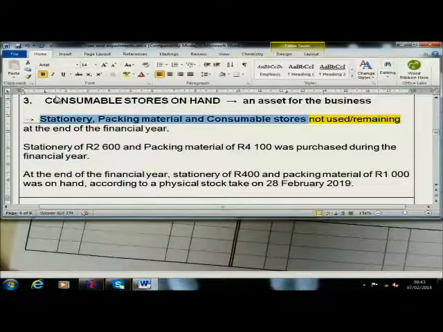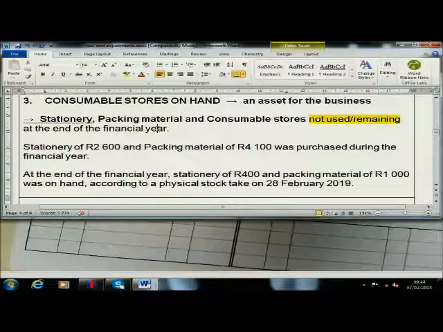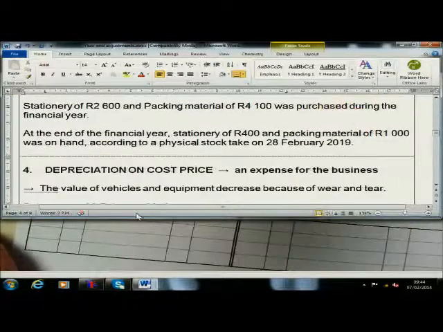That means that you bought a lot of boxes and bubble wrap and all these things and you didn't use them. So you can count them. And the moment that you can count them, it means that you didn't use them. That's why you've got them remaining, and that is your consumable stores on hand.